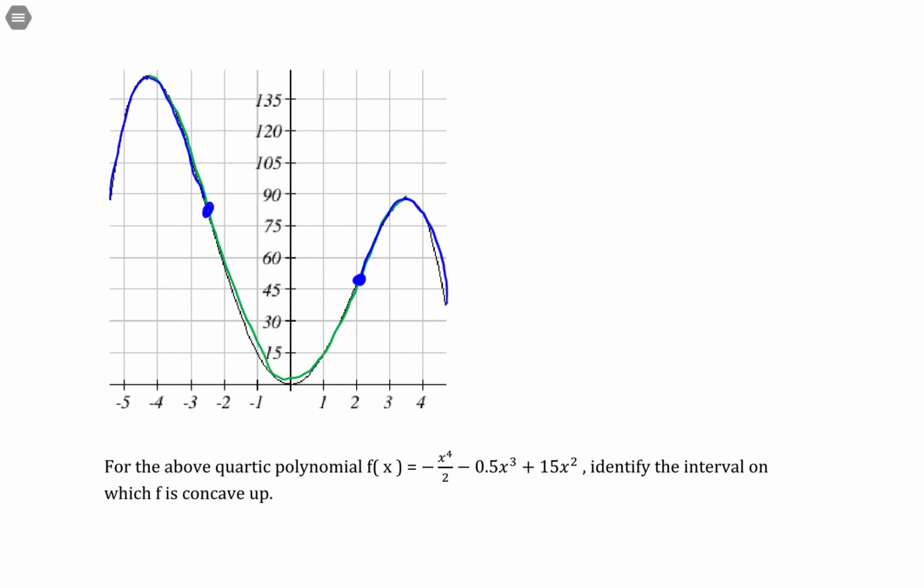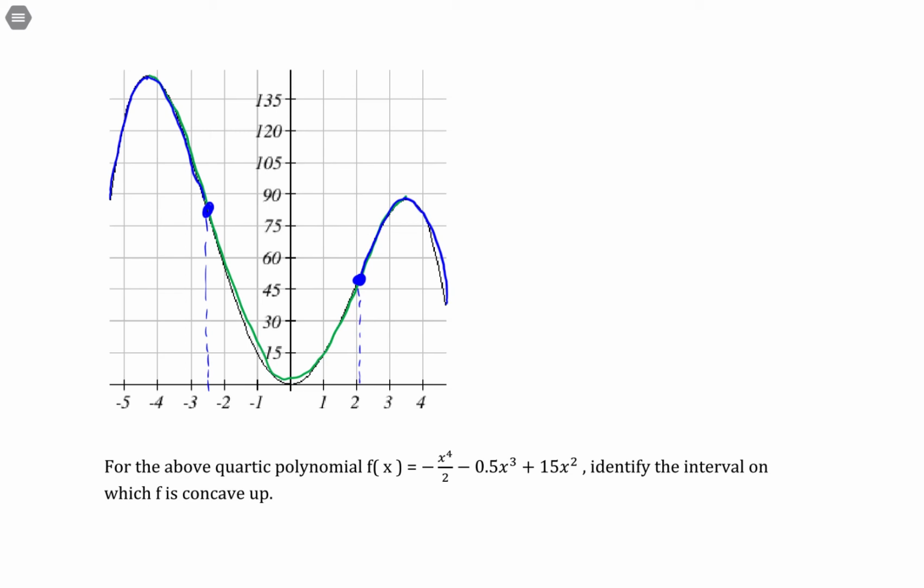So concave down on this interval, so downward-facing parabola, then upward-facing parabola, then downward. Which means my inflection points are probably at negative 2.5 and positive 2, but that's not necessarily a very precise way of coming up with it, just eyeballing these things.